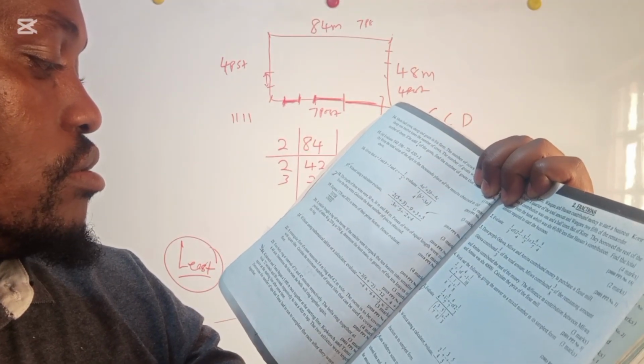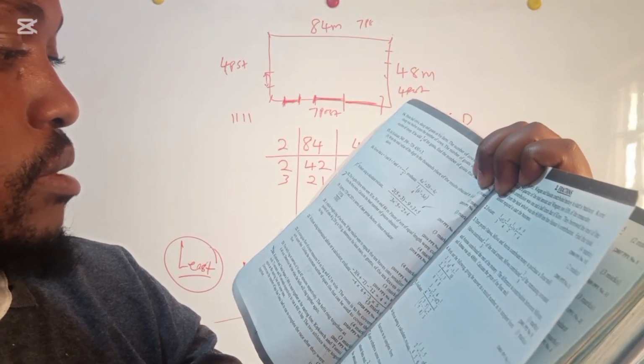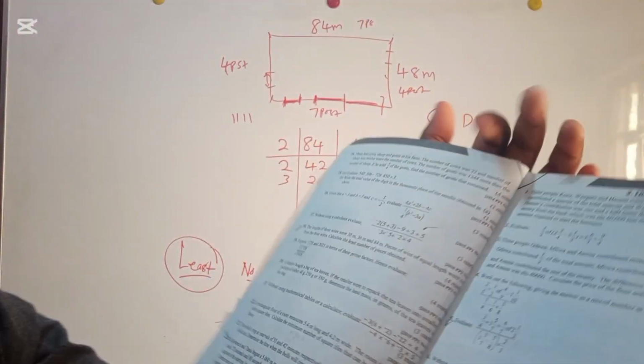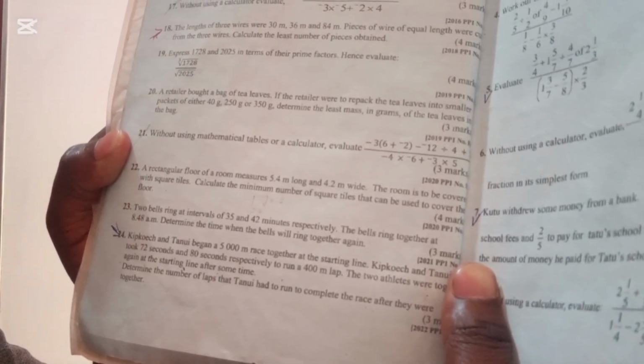Also attempt the question that we are going to do right now, question 23. I'm putting it this way so that you can pause the video and read the question slowly. Question 23 reads: two bells ring at intervals of 35 and 42 minutes respectively.